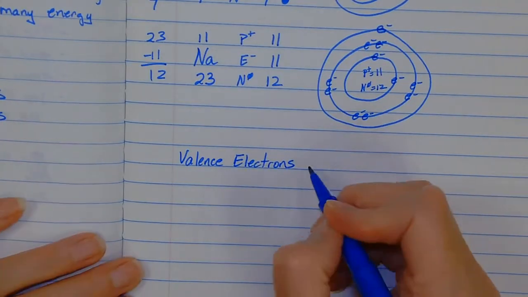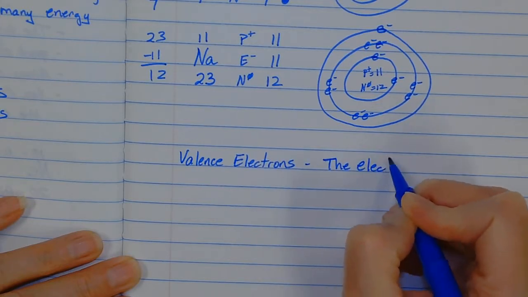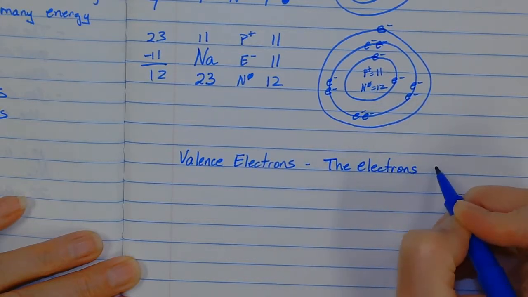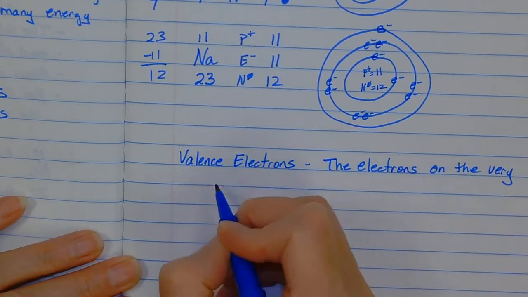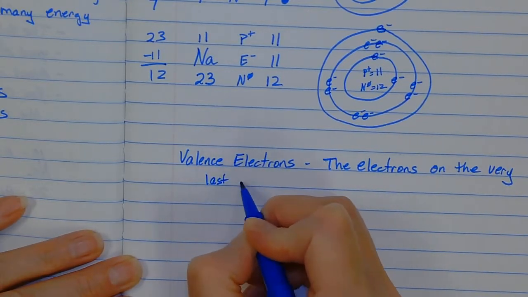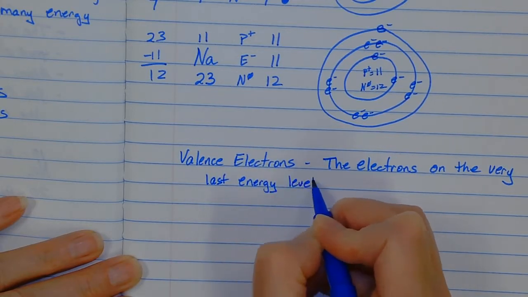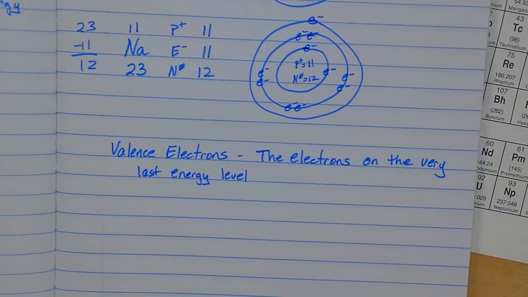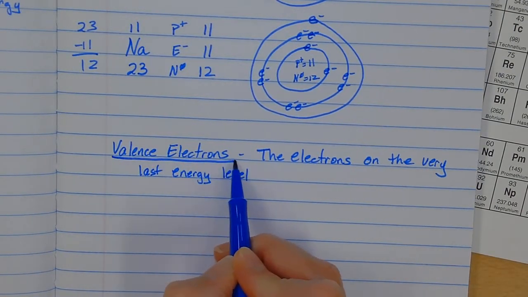Valence electrons are the electrons on the very last energy level. So that's what valence electrons are. They're the electrons on the very last energy level.